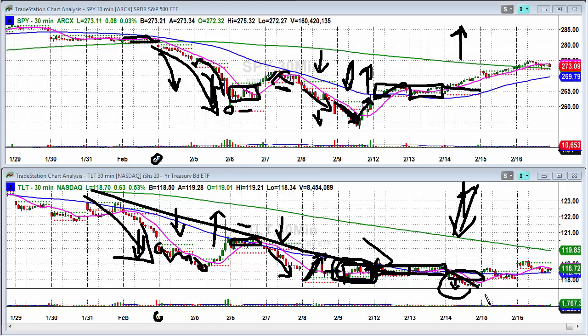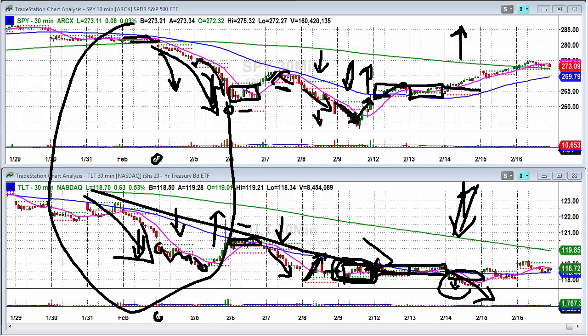But here, bonds making an even lower low, stocks are going up, all right? It's completely different than what was going on over here. This is telling you that stocks are now strong enough for whatever reason, right? Forget about what the media is saying, forget about all that stuff. Stocks are strong enough to no longer be worried about the higher rates.